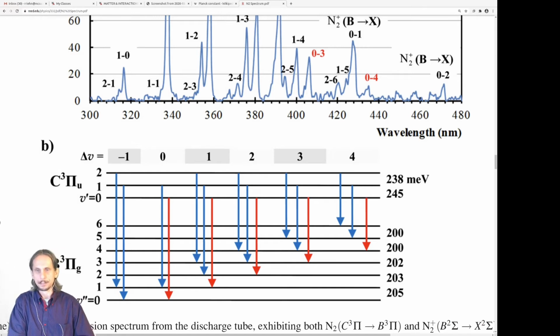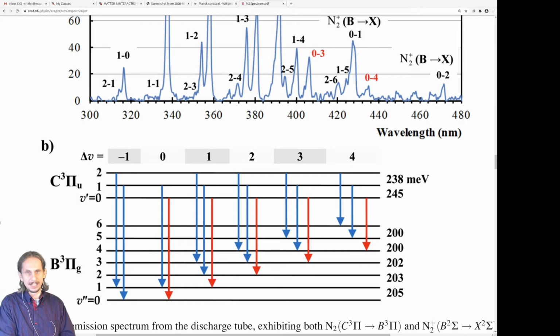On the bottom, we have the energy diagram, and there are two electronic states here. We have the top electronic state, which is the C3 pi U state, and we have the bottom electronic state, which is the B3 pi G state. Don't worry what these things mean.